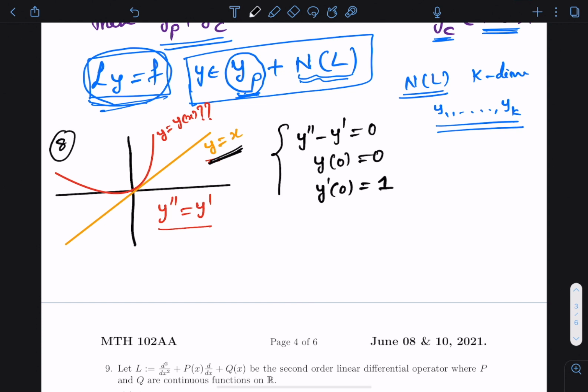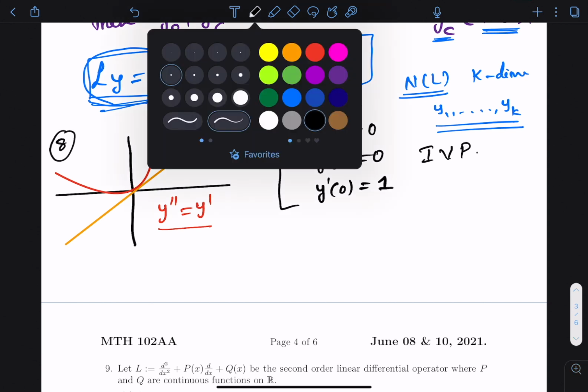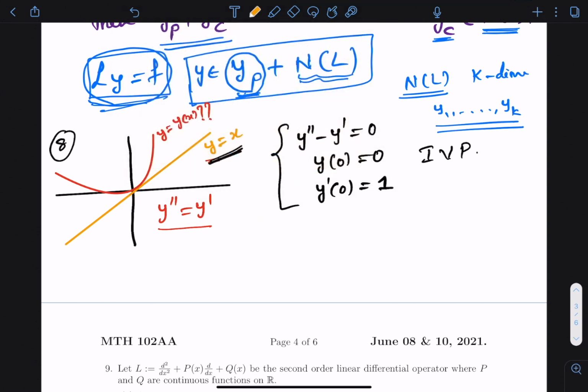So in a sense, the y that we want to find should satisfy this set of equations, which is a second order initial value problem. So to find y, you have to solve this second order problem. So first you integrate this term here.